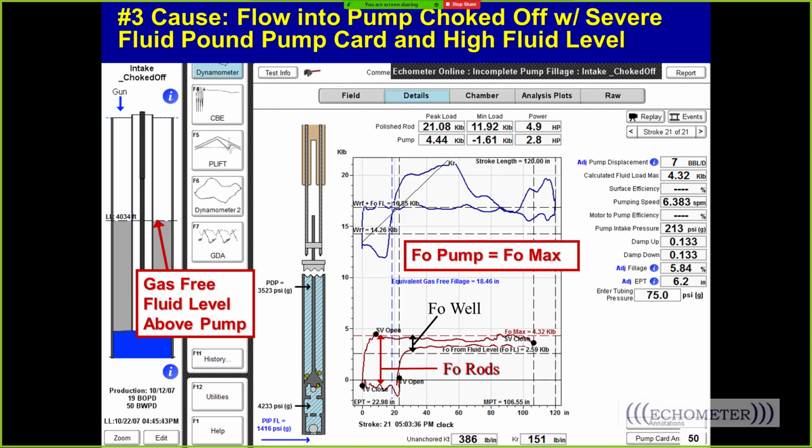It stays the same, or it can even drop off. So lowering the casing pressure when you have gas interference normally doesn't help increase your pump fillage. Only if you have fluid pound conditions and the fluid level is at the pump will you increase your pump fillage by lowering the casing pressure.